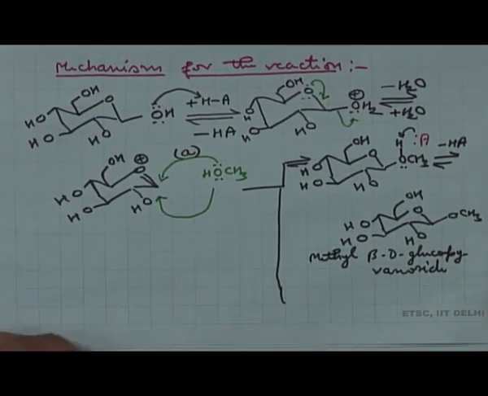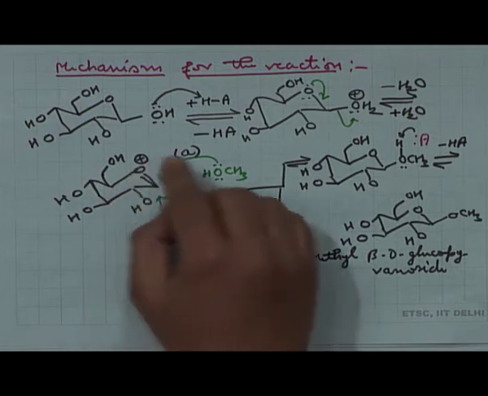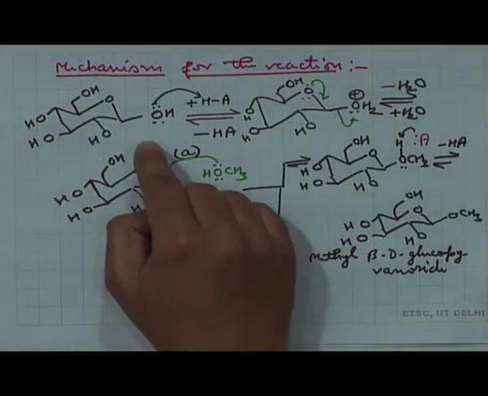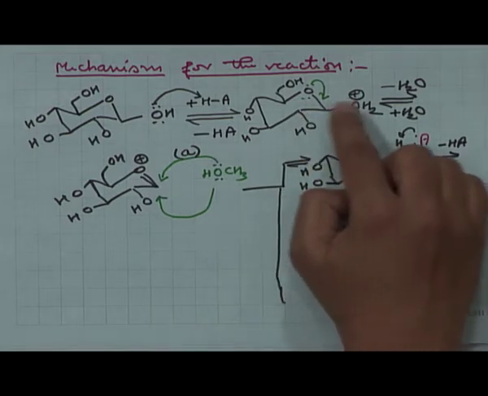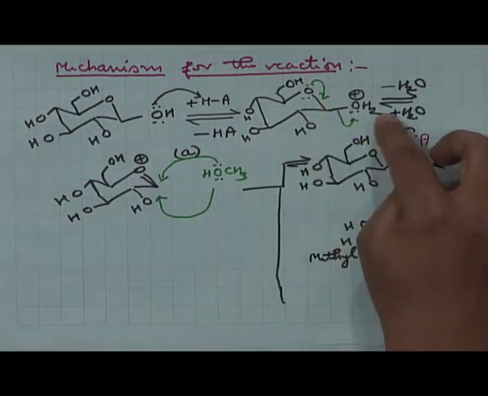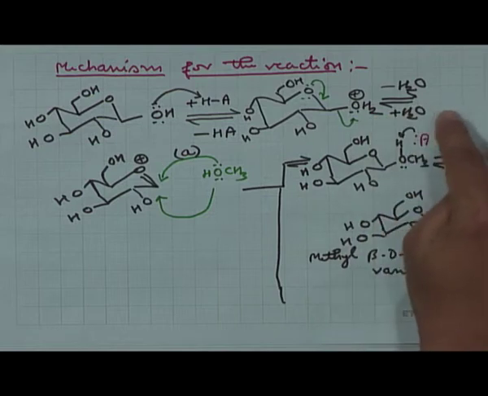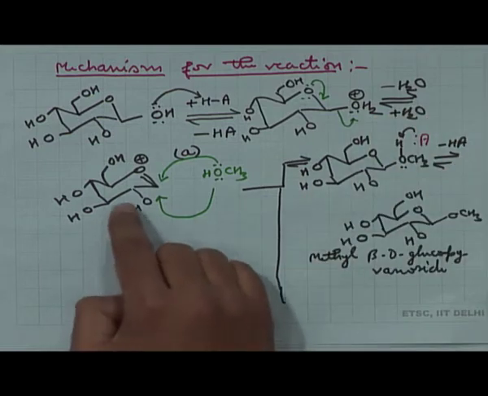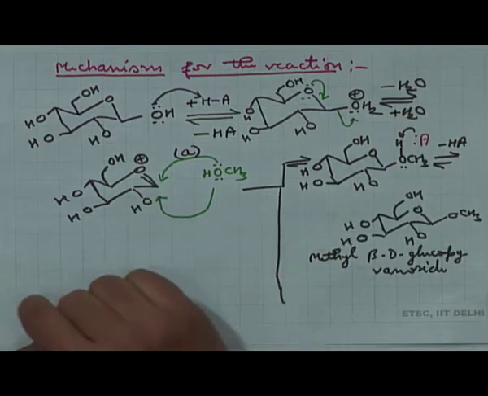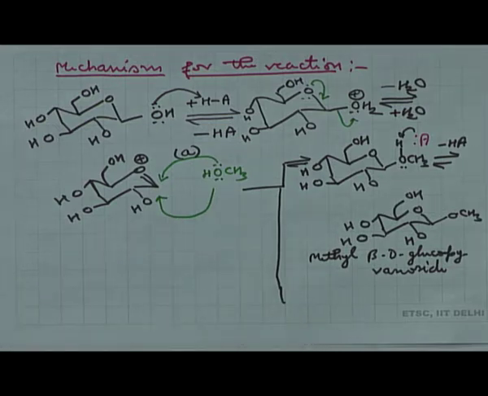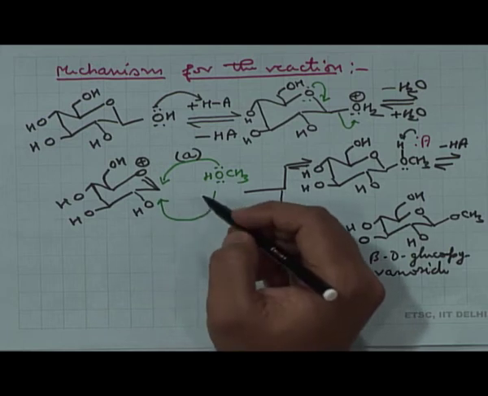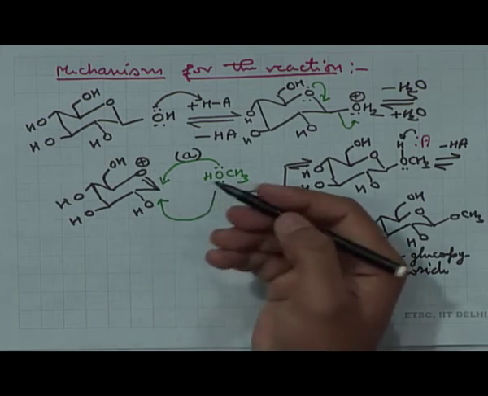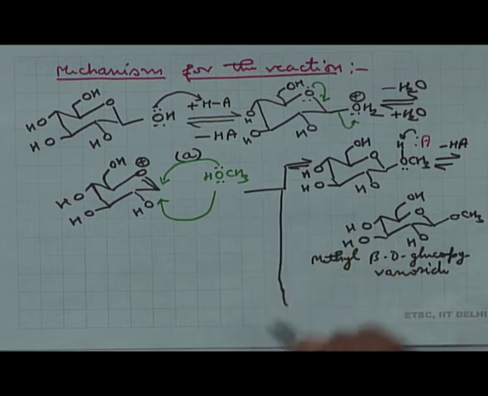What happened in the presence of acid: first, protonation of the anomeric alcohol takes place, and then with the help of the ring oxygen, removal of a water molecule takes place, which leads to the formation of the oxonium intermediate. Now this oxonium intermediate has a carbon which is sp2 hybridized, where attack can take place from the bottom face or from the top face.